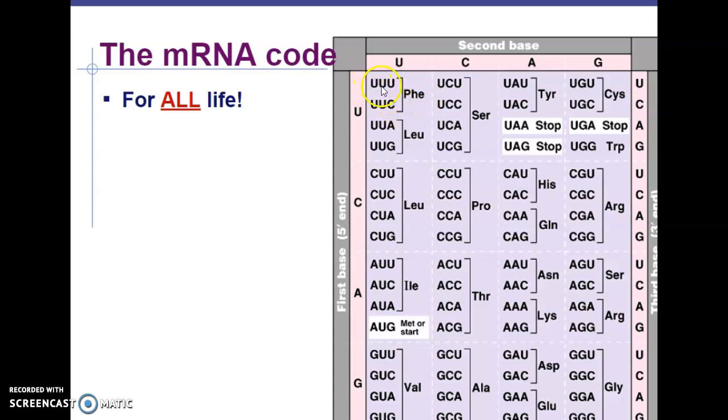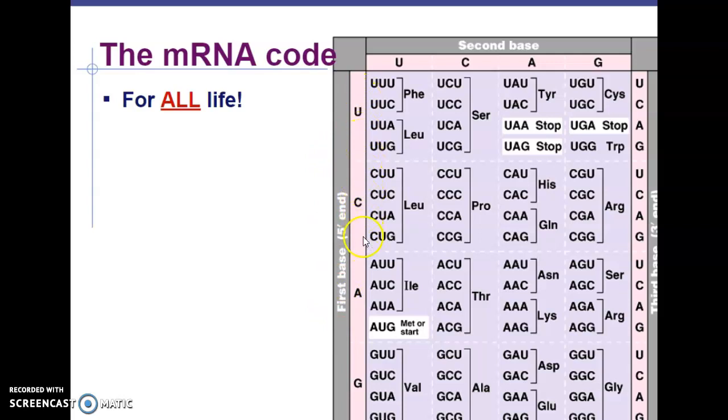So if you have UUU as your codon, that is going to become a phenylalanine, or PHE is what it would be there. They usually write it as the first 3 letters. These are written all the same way. The first letter is from the left here. So if you start with a U, you're going to find that box up here.